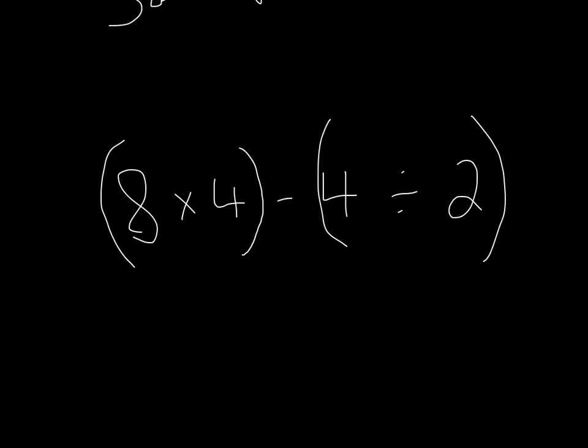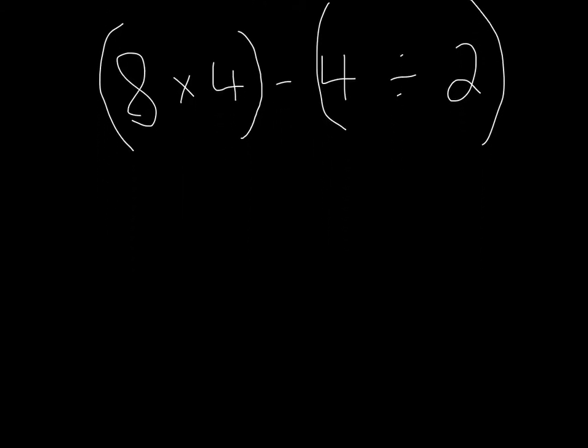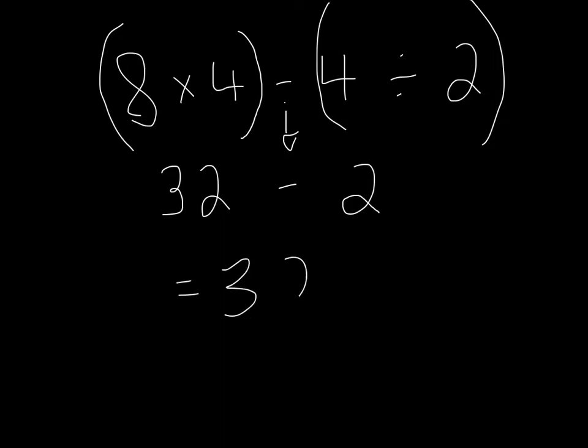Let's do this one first, and you can see the answer. 8 times 4, 32. Minus, let's just bring the minus sign down. 4 divided by 2, 2. And now we have 32 minus 2 equals 30.